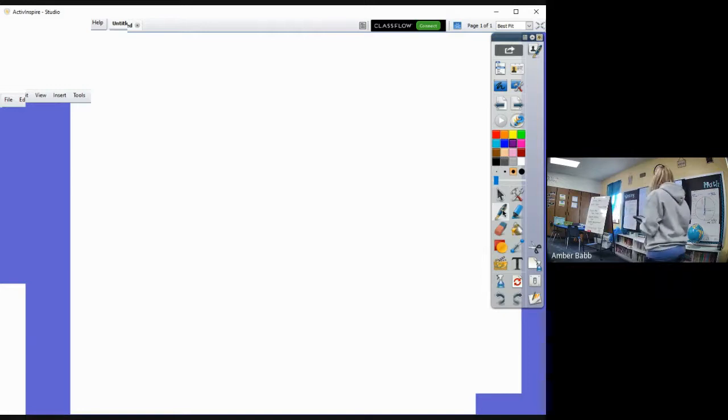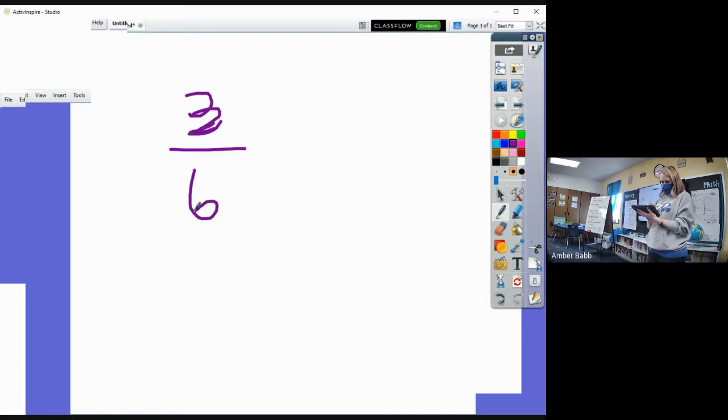All right, so we're simplifying a fraction. And simplifying means that we are going to make it smaller, really, make it a simpler fraction, okay? So if I were to take the fraction 3/6, I need to reduce it.